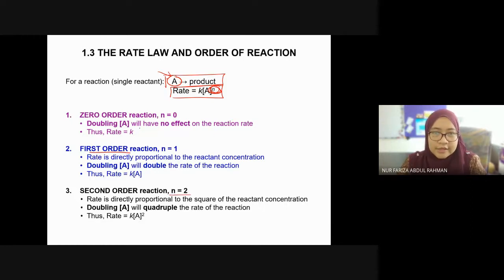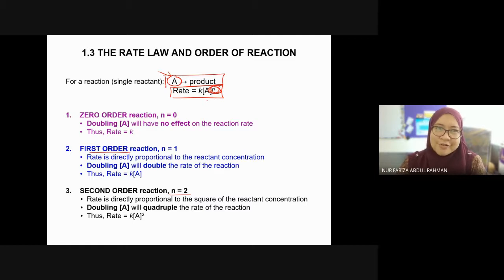Itu kita akan kena determine. Later, kita akan tengok macam mana nak determine reaction tu dia order berapa. Okay, but before that, what we need to do is we have to identify the characteristic of each order. Okay. Alright, apakah perangai-perangai zero order, first order dengan second order ni?